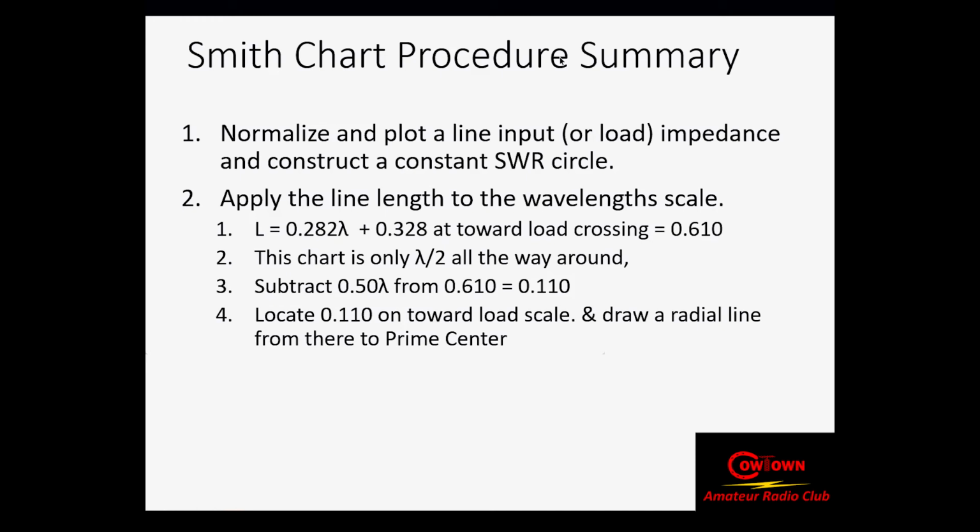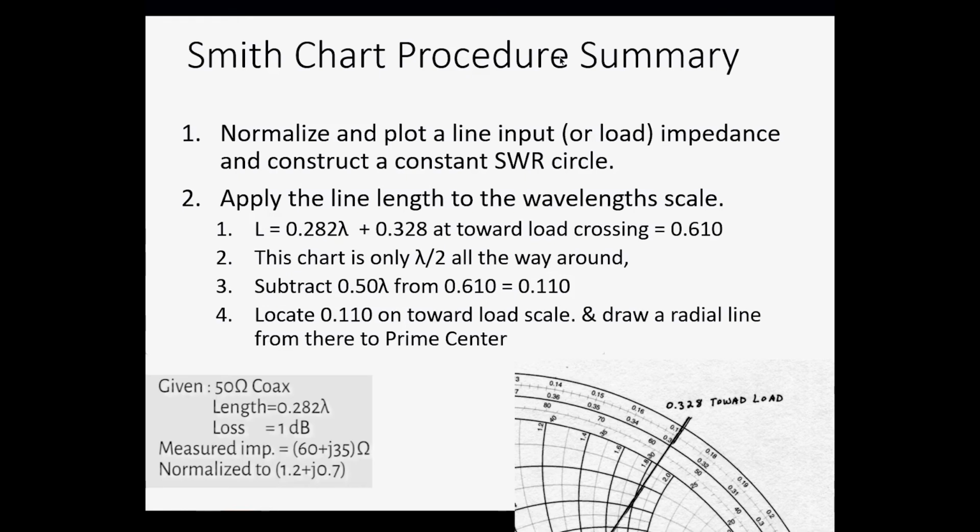One of the things that we've done, so we cross the wavelength scale, and it starts at 0.328 toward the load crossing. Now we're going toward the load because we got our base number, our starting point, off of the generator. So we went to the radio. At the radio end, that's where we measured the SWR.